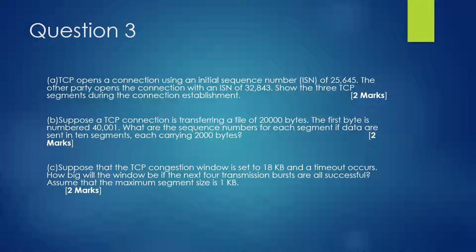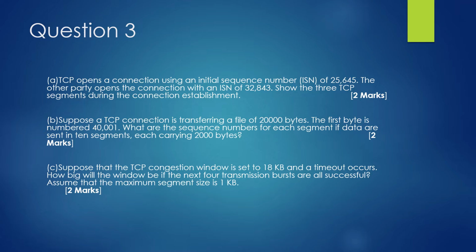The other party opens the connection with another ISN of 32,843. We have to show the three TCP segments during the connection establishment.